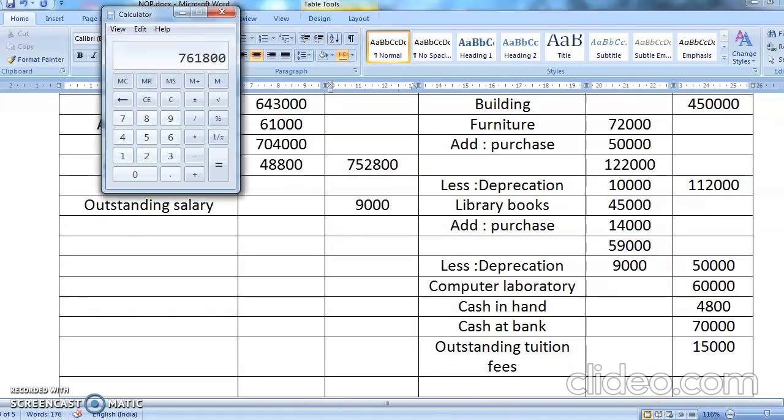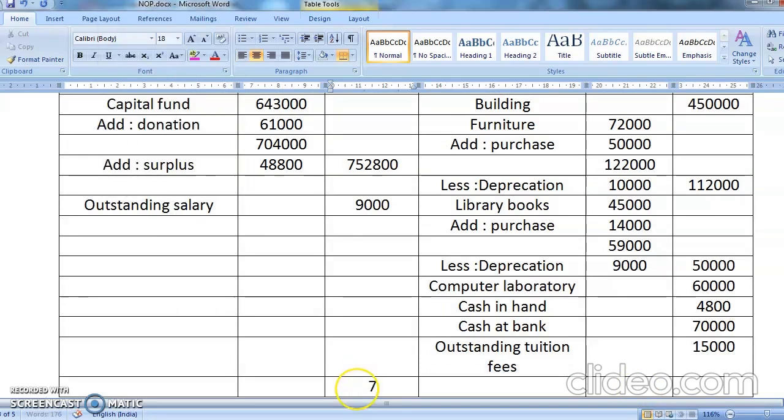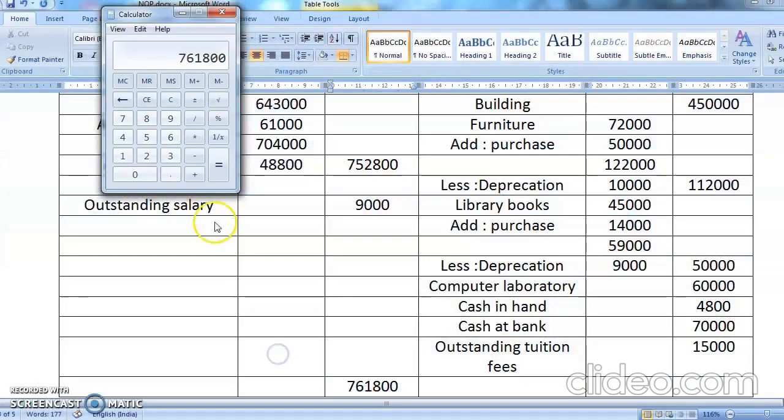So what is your liability total? 7,61,800. So now our asset total should also come this much. If it comes that much, that means it is tallied.